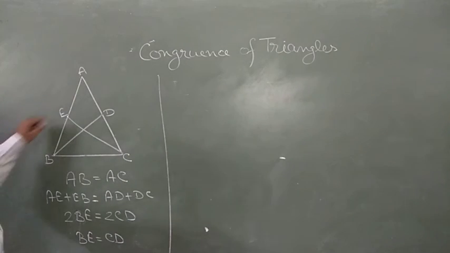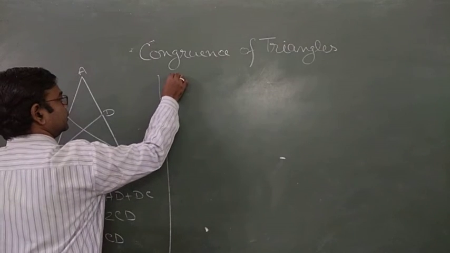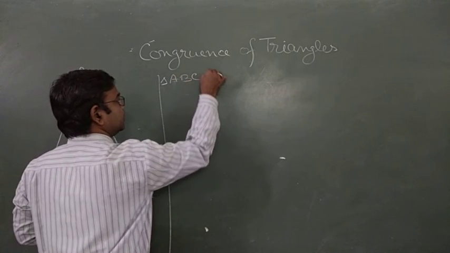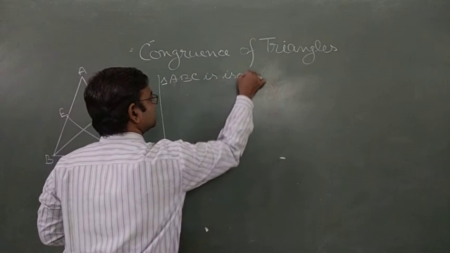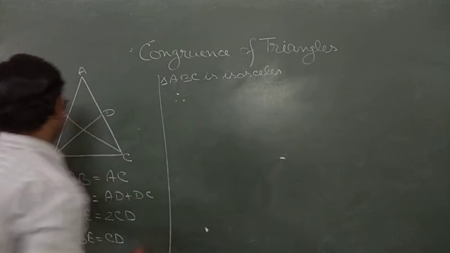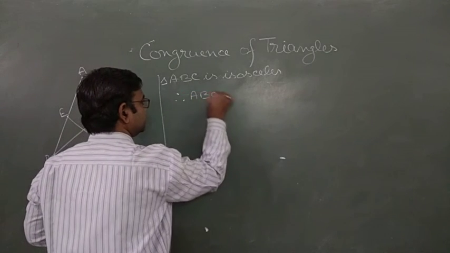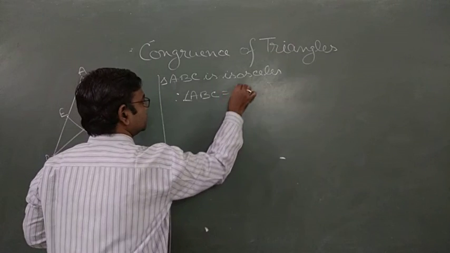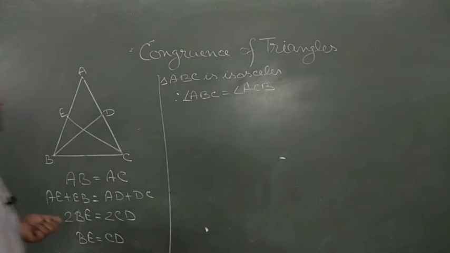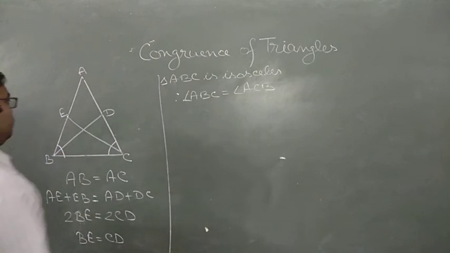As we know, before triangle BEC, we can write that ABC is an isosceles triangle. Therefore, angle ABC equals angle ACB. These two angles are equal to each other.